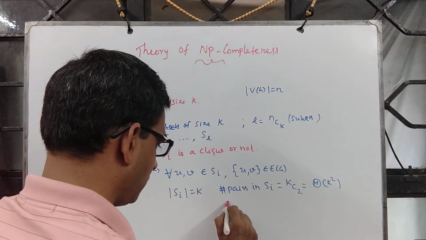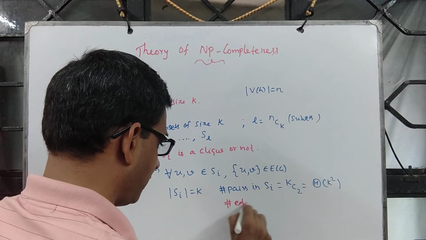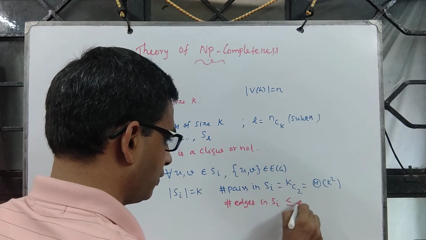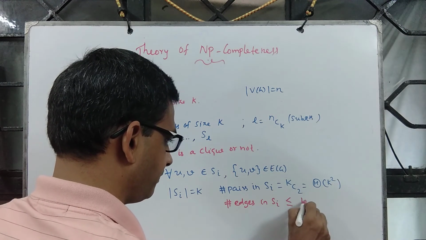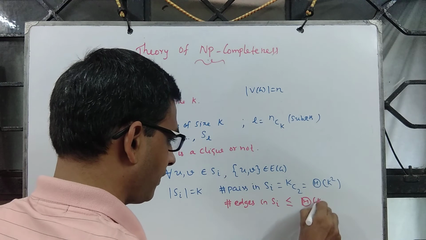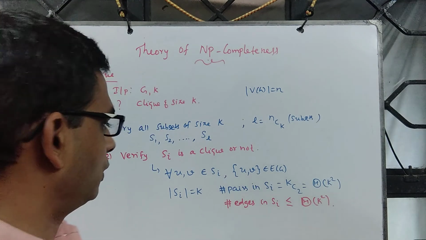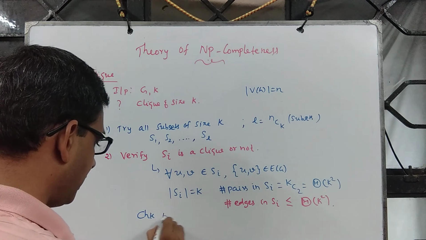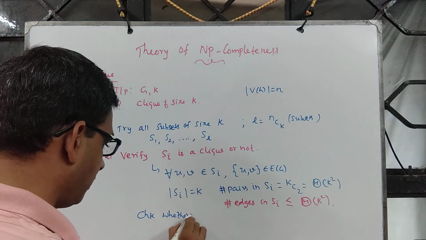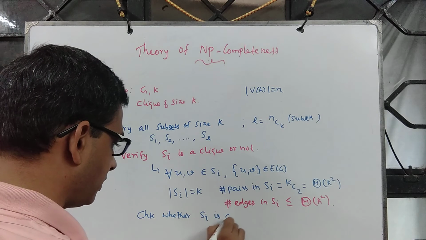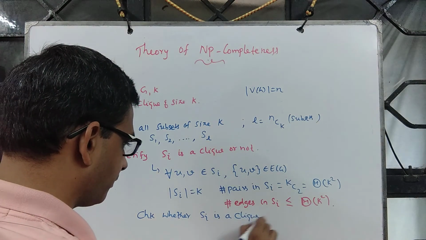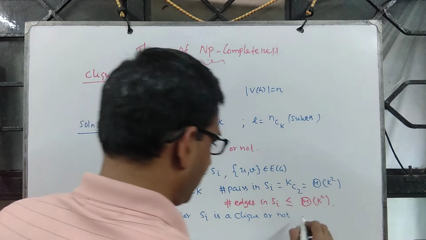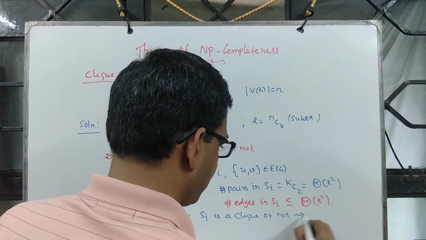So the number of edges in Si is at most this. So checking whether Si is a clique or not can be done in how much time?